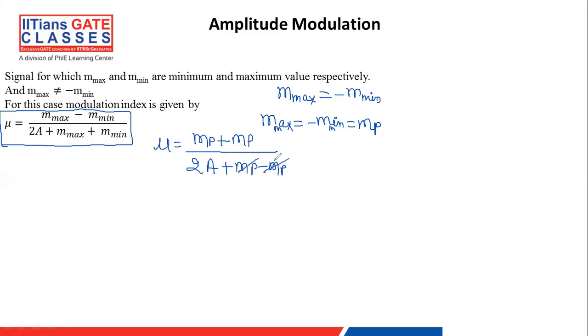These two will cancel out each other. This will become 2mp upon 2A, so this will become mp upon A. This is the same as what we saw in the last class. So the last class is a special case in which m max is equal to minus m minimum, and this general formula is used in general to calculate the modulation index mu.